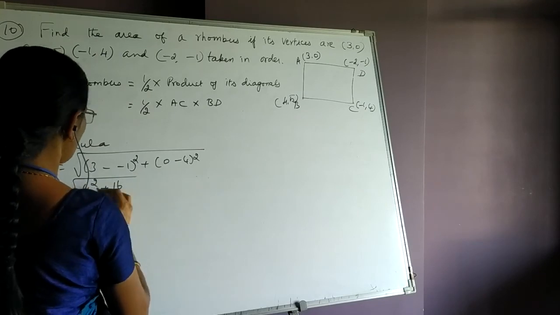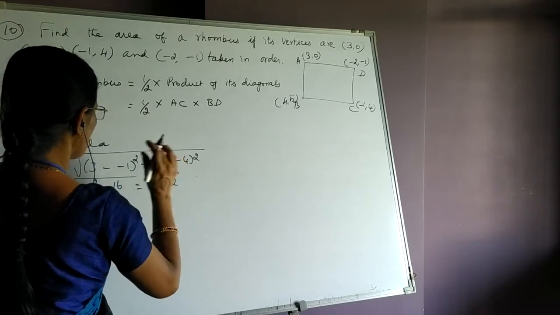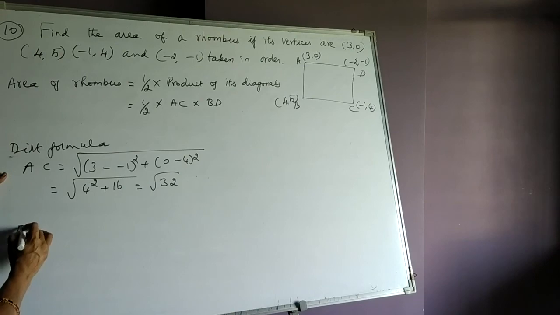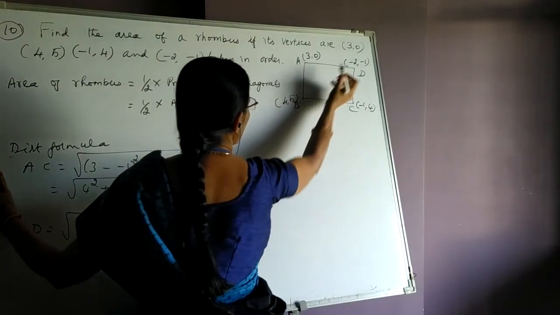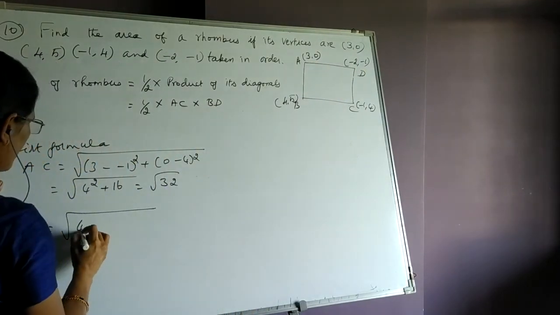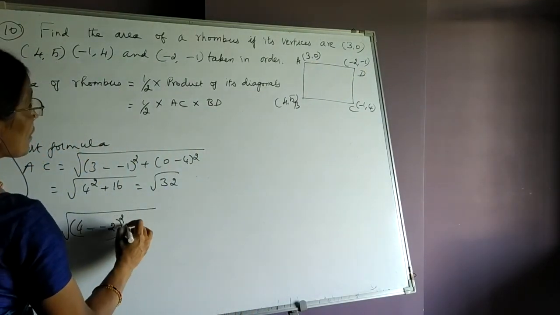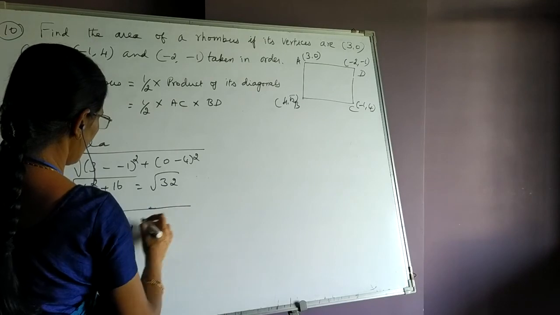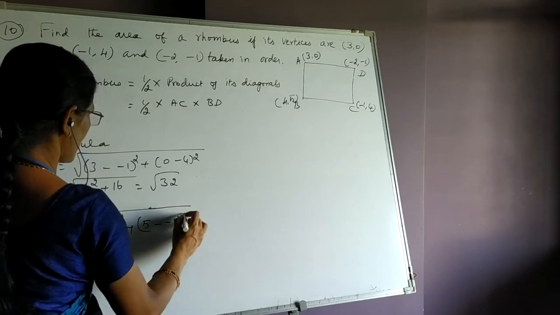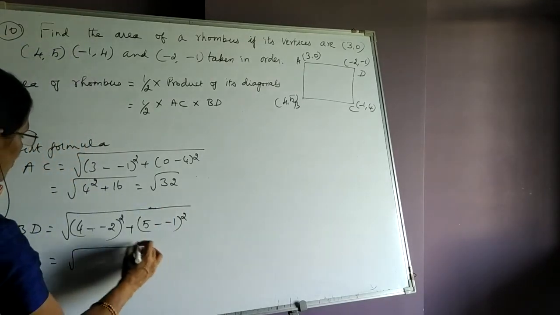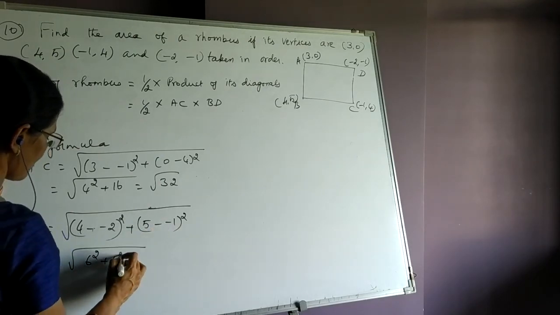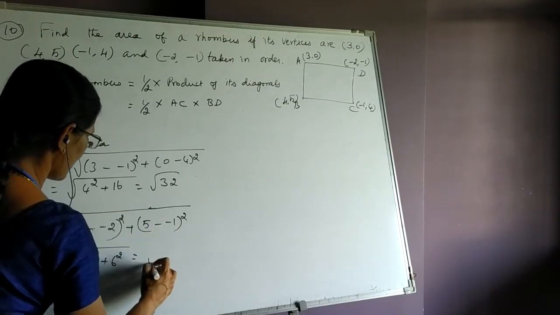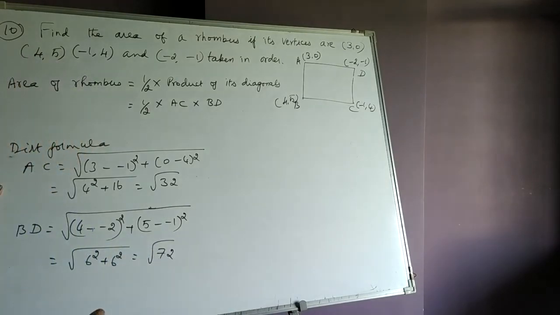So 16 plus 16, root of 32. Then comes BD. BD is root of (4 minus of minus 2) the whole square plus (5 minus of minus 1) the whole square. Here 4 plus 2 is 6, square, 5 plus 1 is 6, square. So it is 36 plus 36, root of 72.